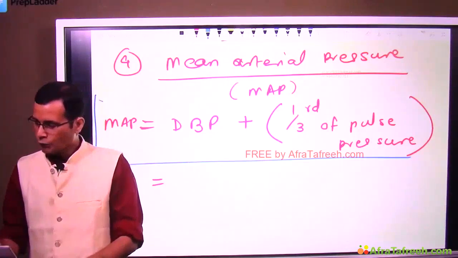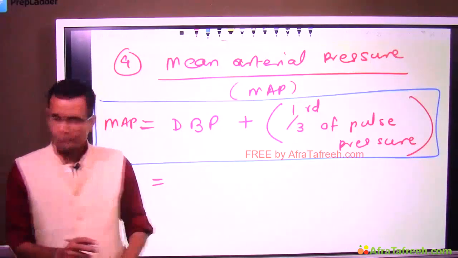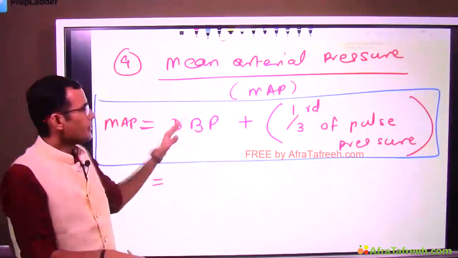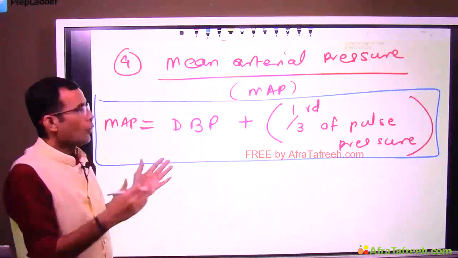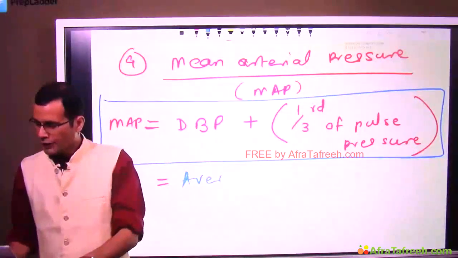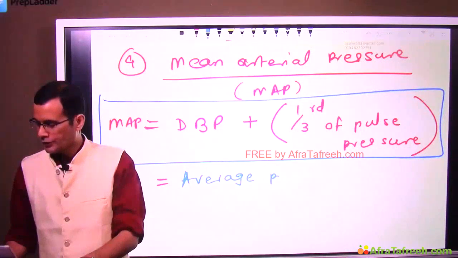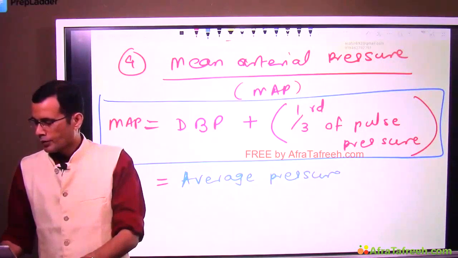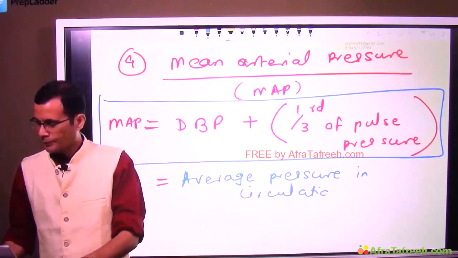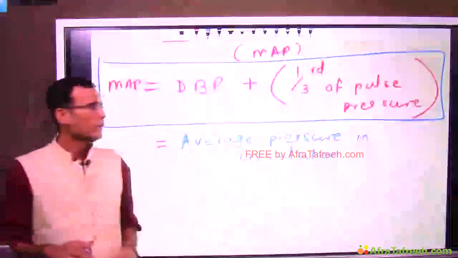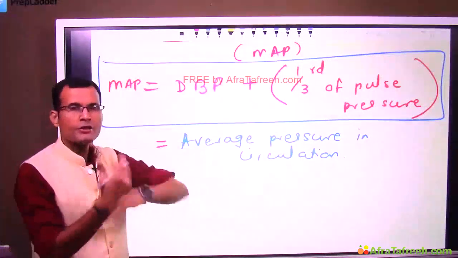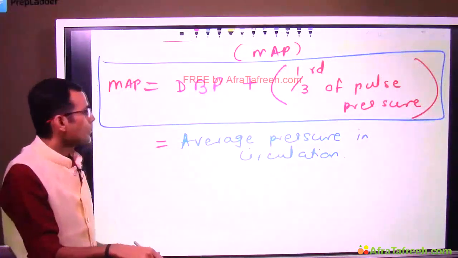Why is there such a convoluted formula for this mean arterial pressure? Before that, let me just say this as well. What does it indicate? It indicates the average pressure in the circulation. Now let's figure out why such a different formula.